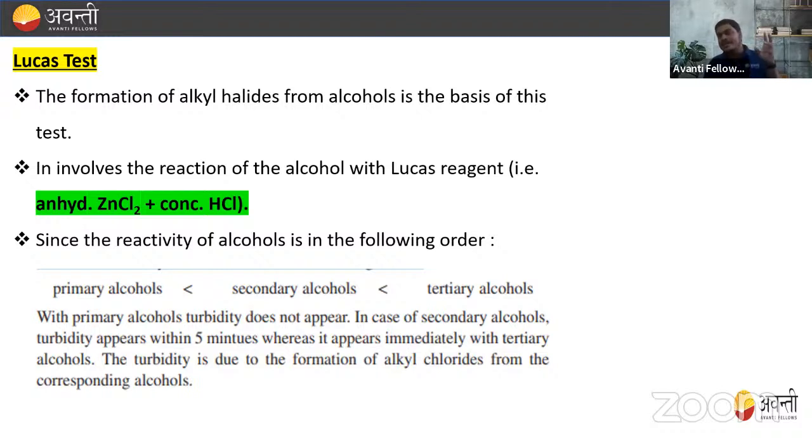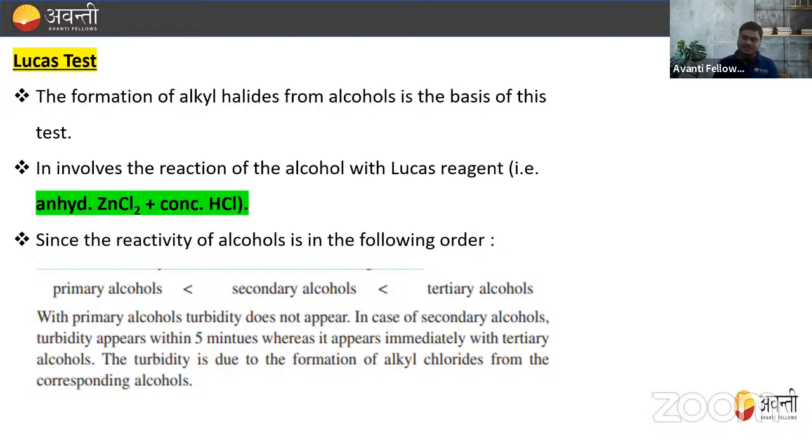No reaction takes place. If we take a secondary alcohol and react it with the Lucas reagent, then the reaction takes place in approximately 5 minutes. Similarly, if you treat a tertiary alcohol with the Lucas reagent, the reaction takes place immediately, right?